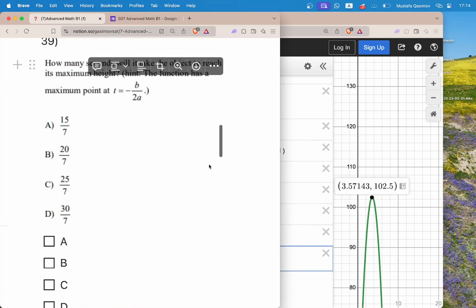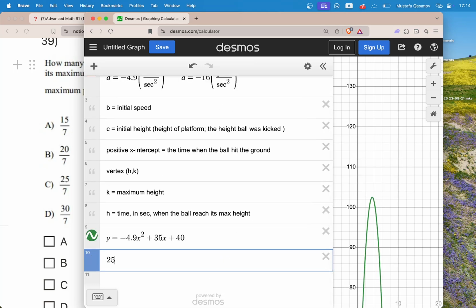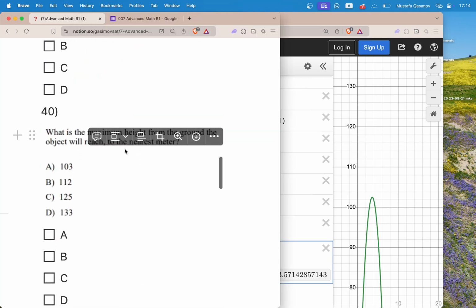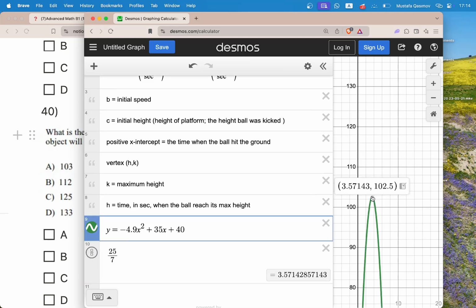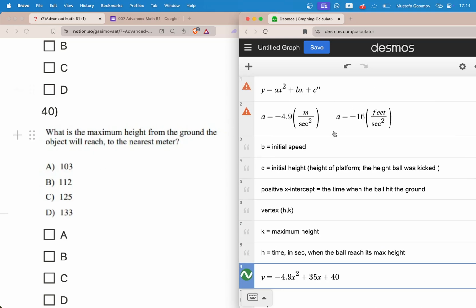It will probably be C, 25/7. And for maximum height, the answer will be 102.5. It's approximately 103, so the answer is A. Do you have any question from this test?